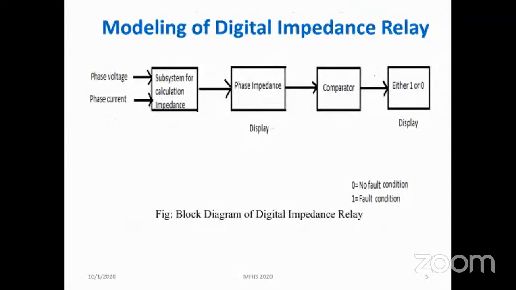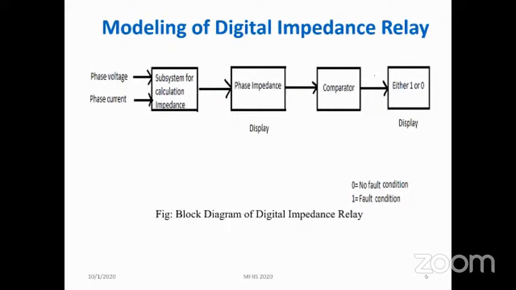So this is the block diagram of the digital impedance relay that I was talking about. Initially only the raw voltage signals were taken, and the impedance of each phase was calculated, and this comparator compared the impedance of the phase with the normal values, or rather the impedance values under normal condition.